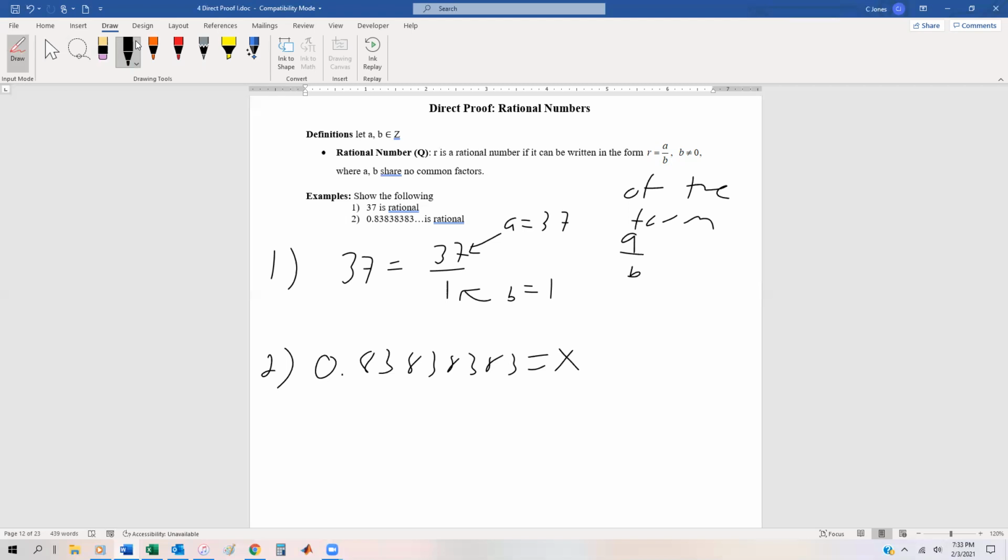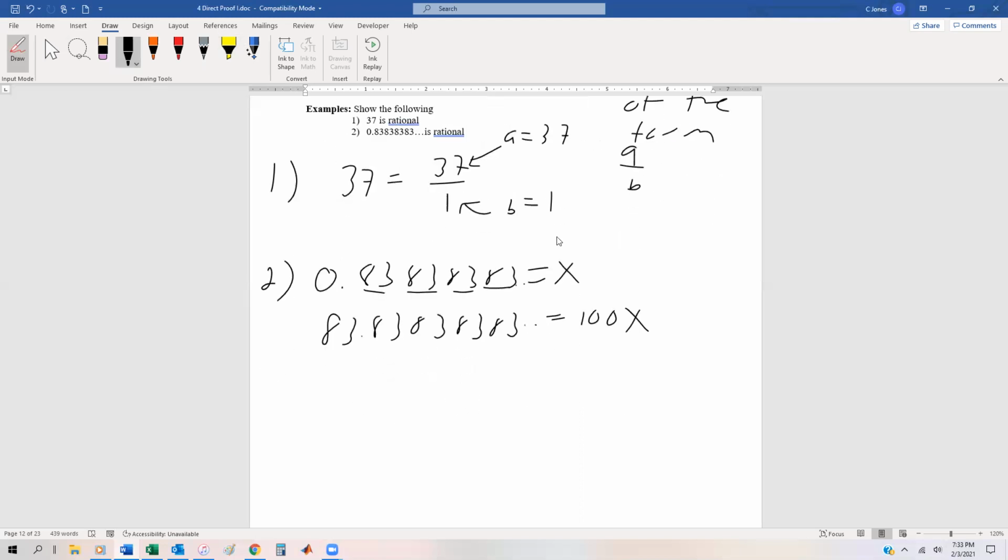And we notice that every 2 decimal places, the number repeats. So we could multiply by 10 squared, or in this case, 100. So we know that 83.83838383 and so on is equal to 100x. Now we don't want to use 1000x because that would be the 838838.